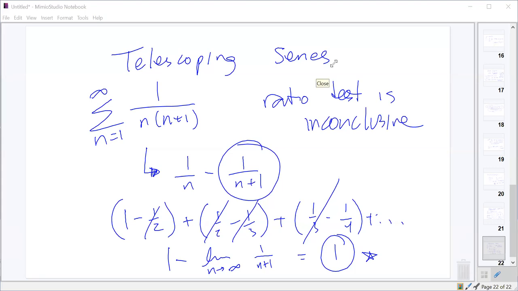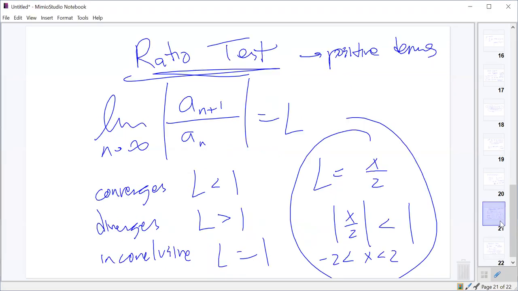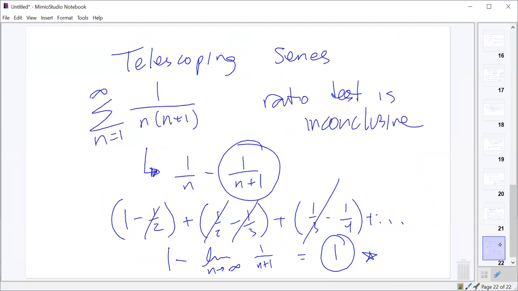The radius of convergence. What specifically about the radius of convergence are you asking about, Darius? So like the radius of convergence is, in this case, let me just get a new page.